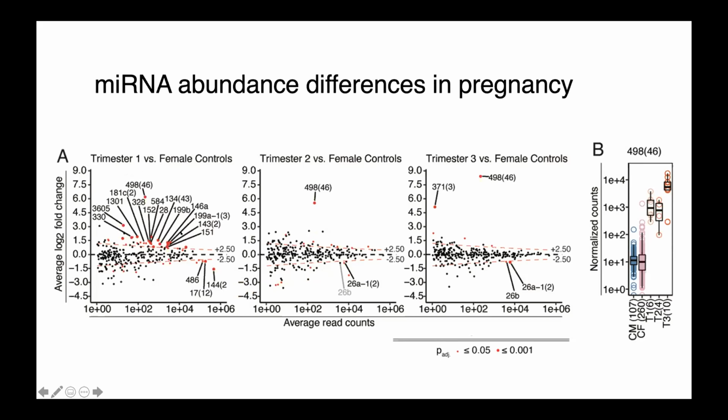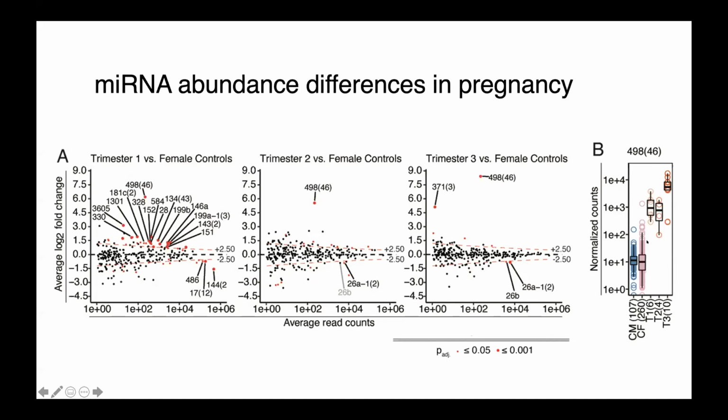Unfortunately, there are not that many tissue-specific contributions, except maybe neuroendocrine contribution 134, cistron 134, 43, as well as placenta-derived cistron 498. When looking at trimester 2 and trimester 3, the highly significant differences involve mainly cistron 498, which is placenta-derived.